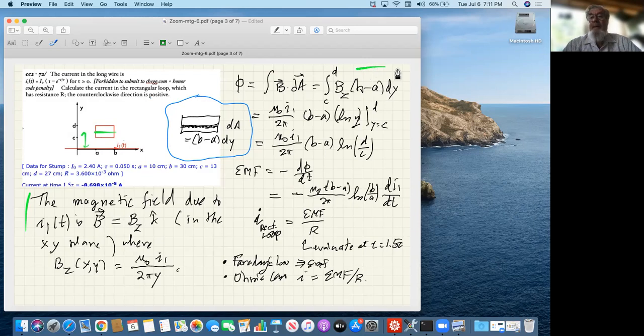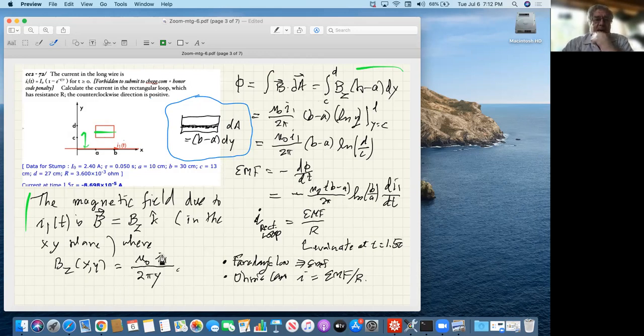What's the area of this little section of the rectangle, which is at a distance y from the wire? Well, it's dy, where y goes from C to D, times the length here, which is B minus A. So here's the area, (B minus A) dy.